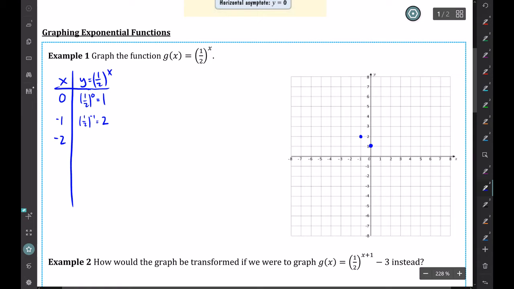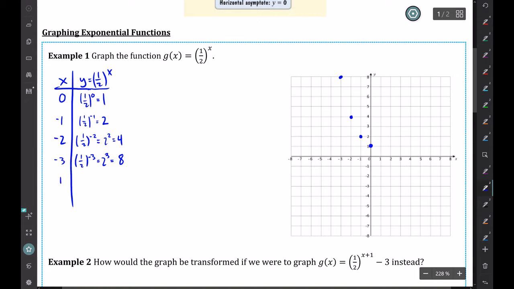If I plug in -2, I get 1/2 to the -2, which is going to be 2 squared, or 4. If I plug in -3, I get 1/2 to the -3, which is 2 cubed, which is 8.